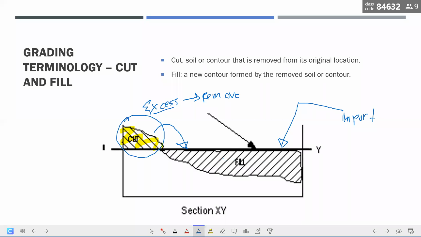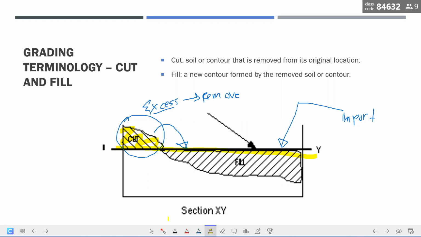Again, the idea of cut and fill is to modify the contour so that you have a more workable, buildable plane, like so.